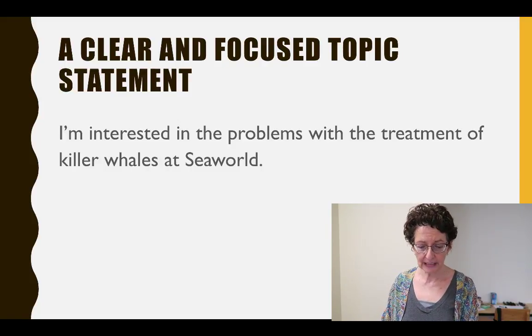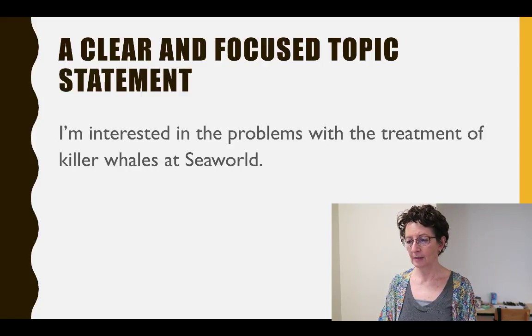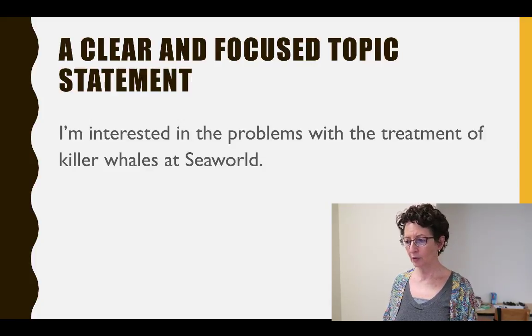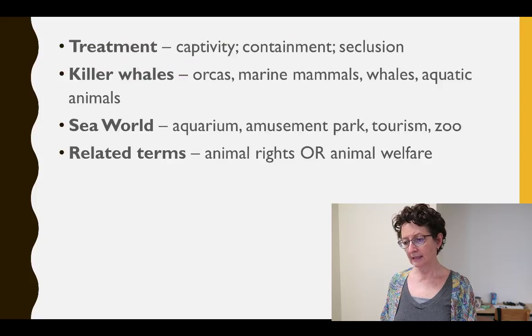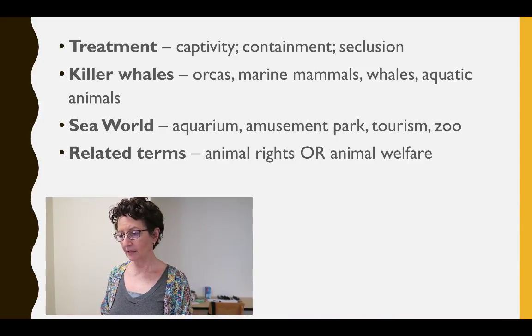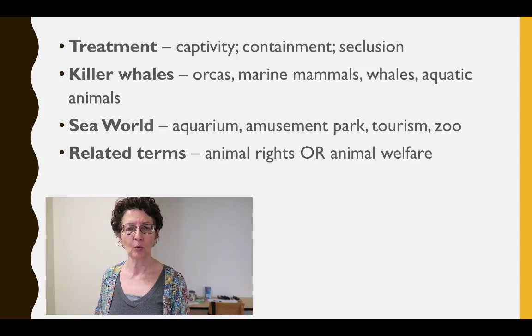Now, the next step, we need to identify synonyms, subject terms, and related terms. Okay, so you can see how using the worksheet might be beneficial to you, because there's a space on the worksheet for you to list your keywords. So I said that the keywords were treatment, killer whales, SeaWorld, and then I'm suggesting some related terms, animal rights or animal welfare.